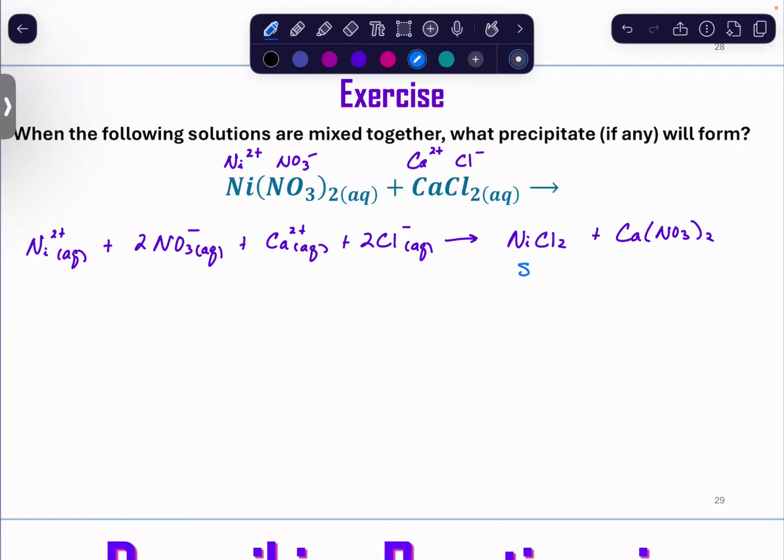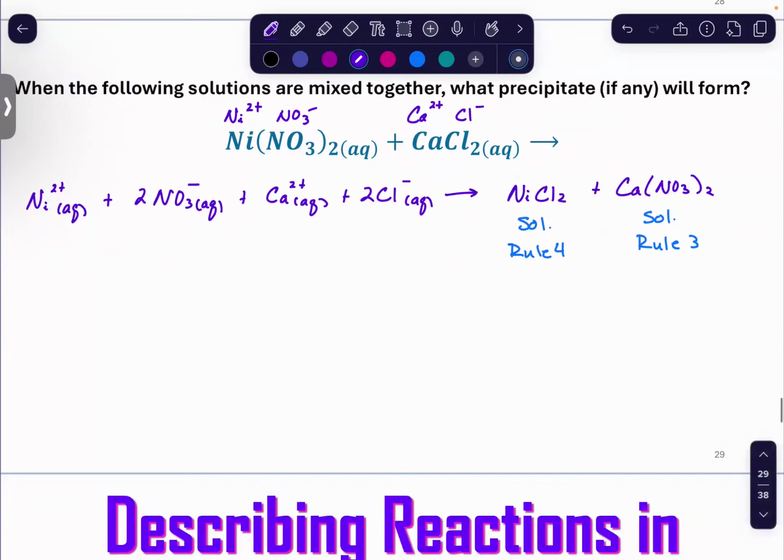Nickel 2 chloride is soluble by rule 4. Calcium nitrate is soluble by rule 3. So we don't get a precipitation reaction. And here in a little bit, you're going to see that this is actually no reaction at all. But we can still write the chemical equation.